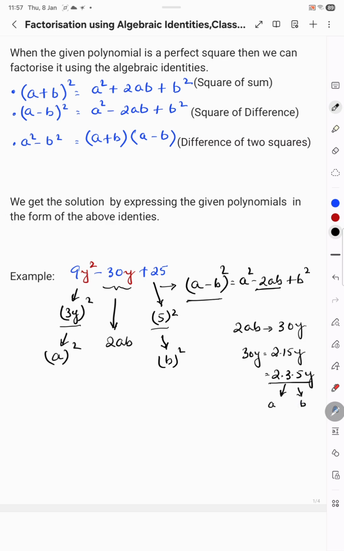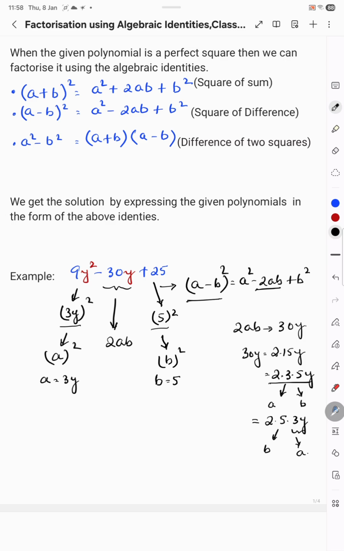So it is now matching. Let us rearrange it and see. This a square is 3y square, so my a will be 3y, and b square is 5 square, so b will be 5. So this 30y can be written as 2 into 5 into 3y; 5 threes are 15, into 2 is 30. So 5 is my b here and 3y is my a.